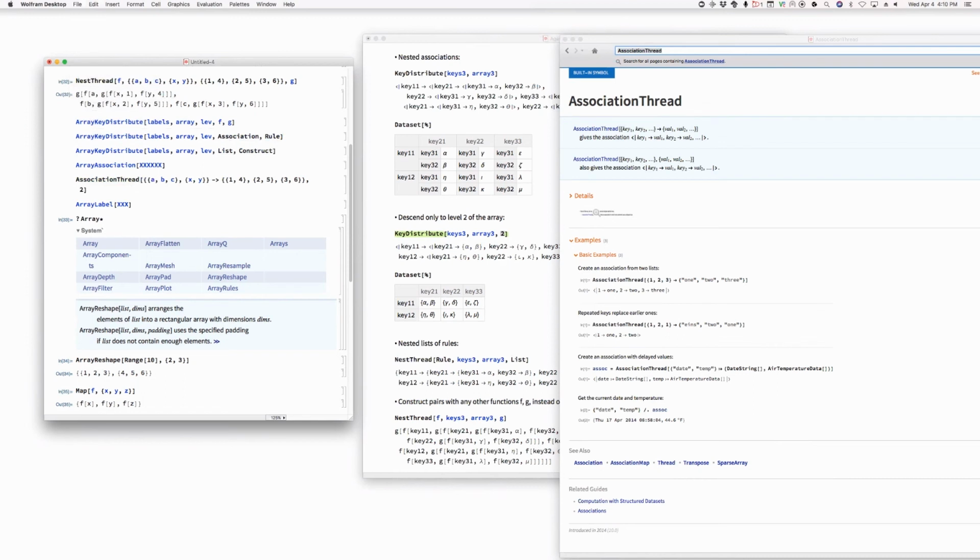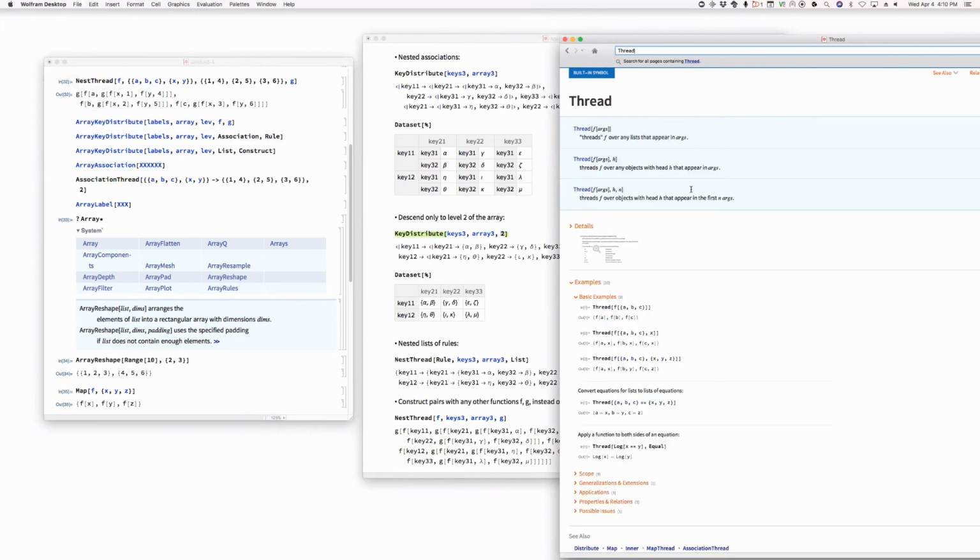Yes, but thread is a different operation. It takes itself a level spec and it uses it differently from what we want. What does it do? It goes down in both arrays.